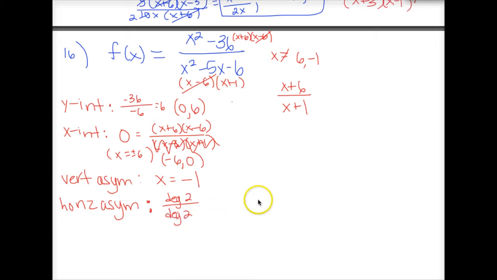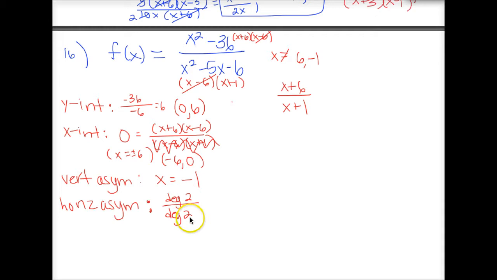Now this is something you have to have memorized. It's in your book. You had to star it, highlight it, whatever, when we went through the lesson. It's on page 454, right in the middle with big stars. You have to memorize what the degrees tell you about the horizontal asymptote. Here is the first bullet point.